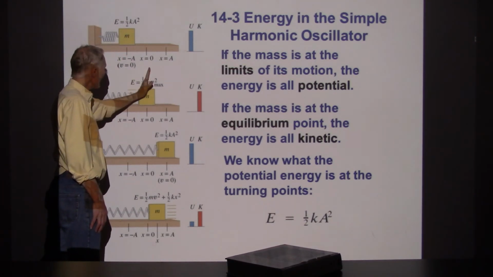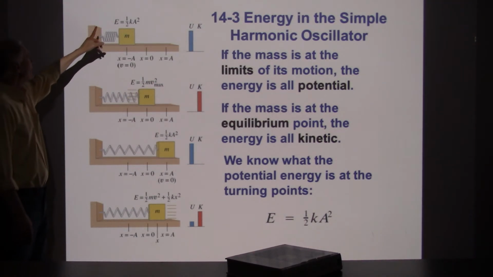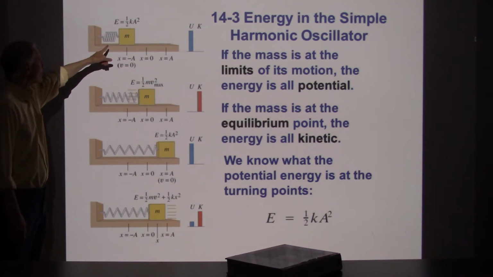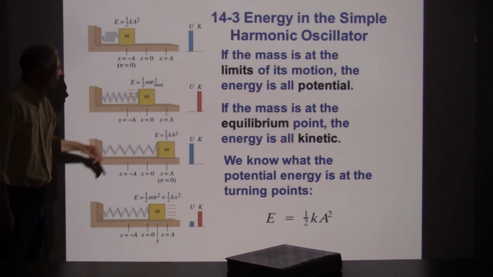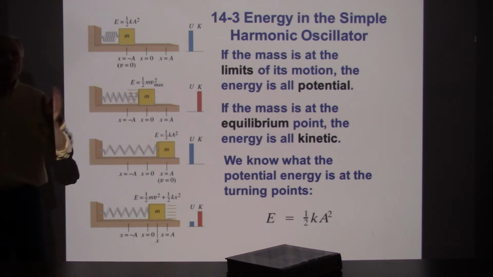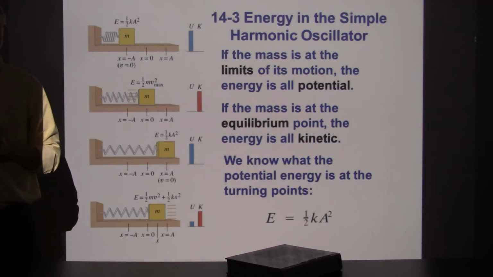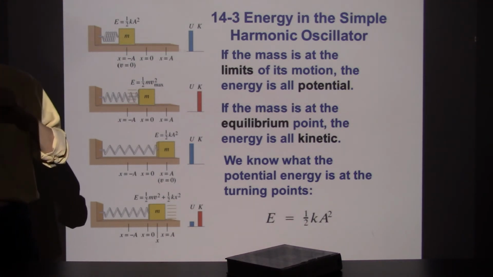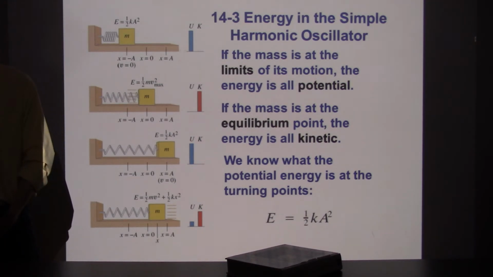Now, right as we pass equilibrium, all of the energy will be kinetic. So it's going to go from all potential and then gradually shift until the point where it's all kinetic. And then by the time it gets back out here again, now it's all potential. So with oscillating objects, we're going to have the energy switch back and forth between being potential and kinetic.